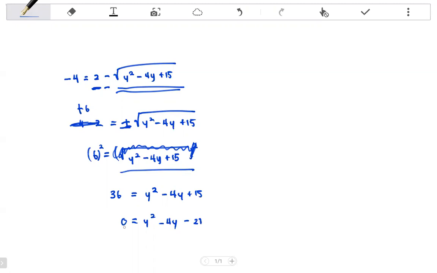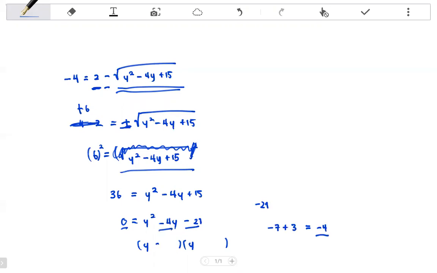And now that we have a trinomial where 0 equals something, we can factor it. If we factor this into two binomials, our first term is going to be y, since it's just y squared. Our last term is negative 21. We can do -7 and 3. If we add those, we get -4, right? Which is what we want.